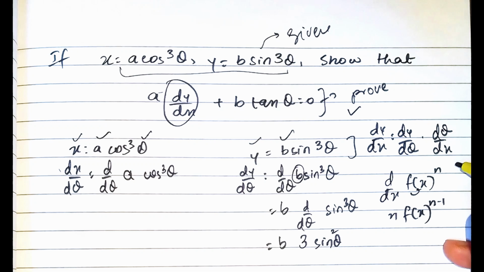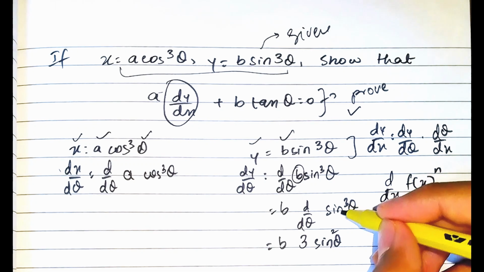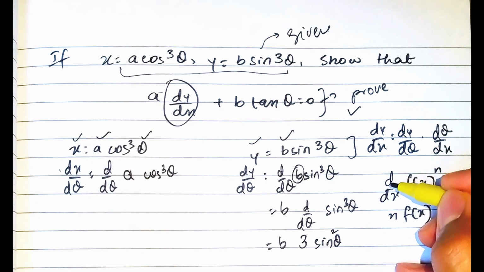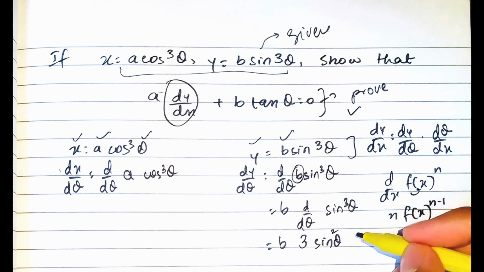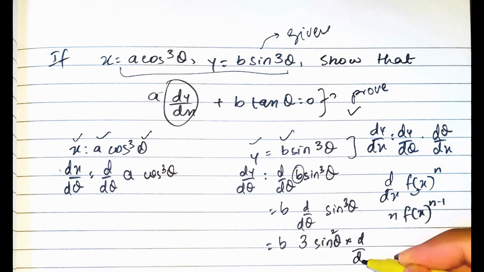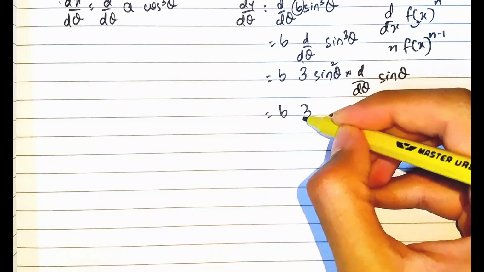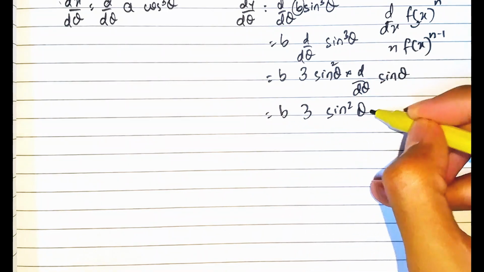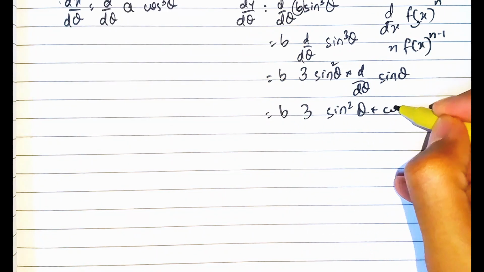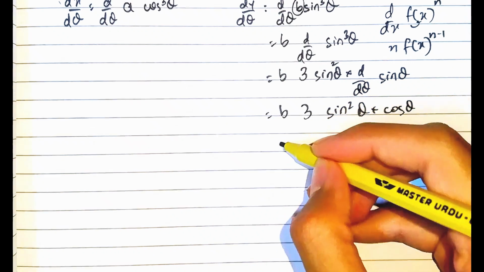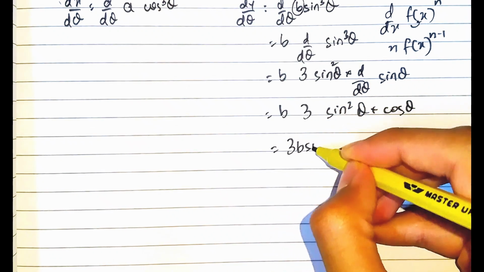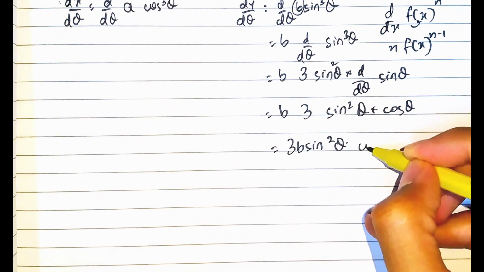So if we consider f(x) power n, then f(x) is the angle. So over here we have sine cube theta. So cube is the power, then the function would be sine theta. So d by d theta of sine theta, okay? So we have b times 3 sine square theta multiplied by the derivative of sine theta, which is cos theta. So this would be our final derivative, 3b sine square theta dot cos theta, okay?